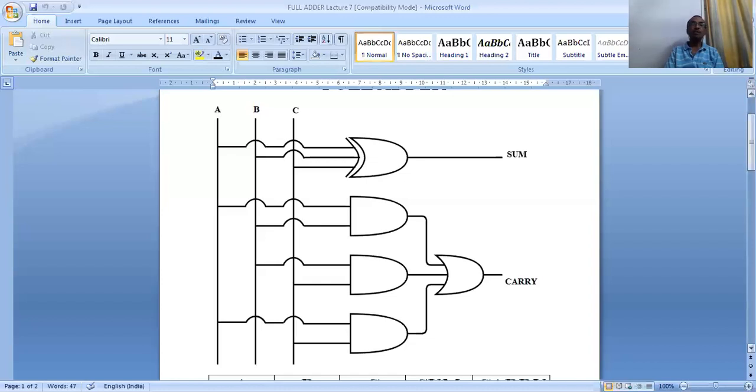B equal to 1, C equal to 0, 0 multiplied by 1, output of second AND gate 0. C equal to 0, A equal to 1, 0 multiplied by 1, the output of third AND gate is 0. Therefore, inputs to the OR gate are 1, 0, 0. That is 1 plus 0 plus 0. That's why carry is equal to 1 and sum is equal to 0. Next.